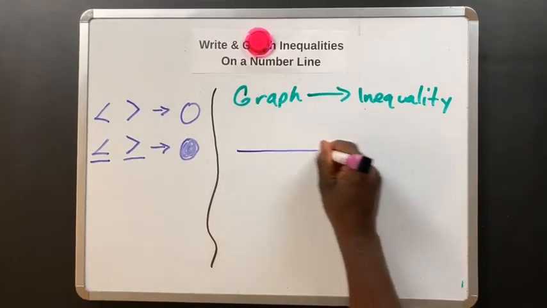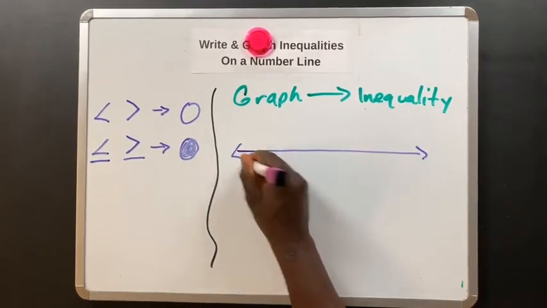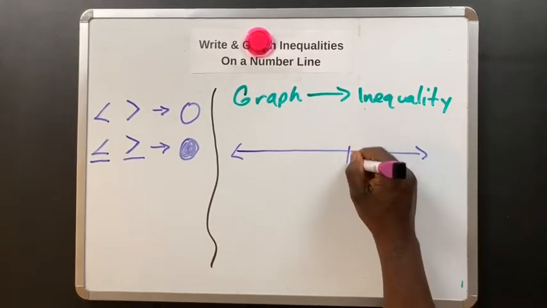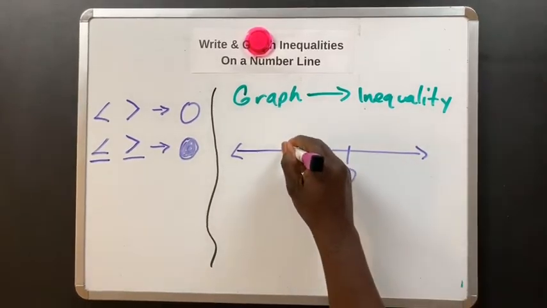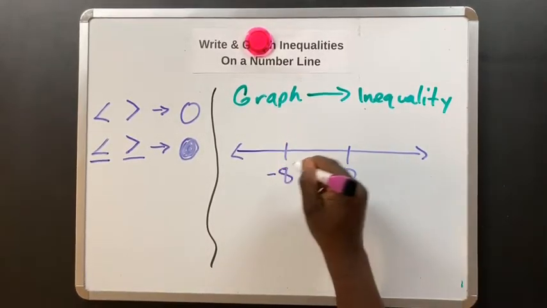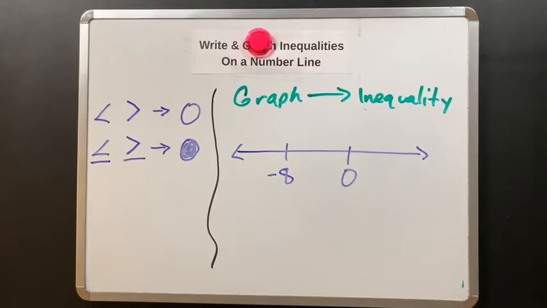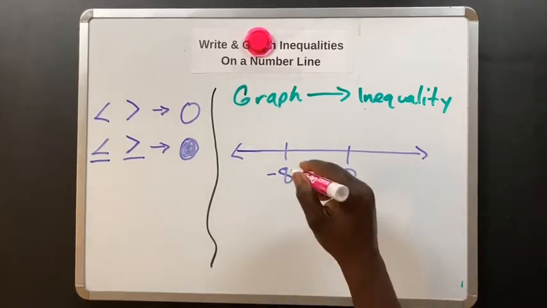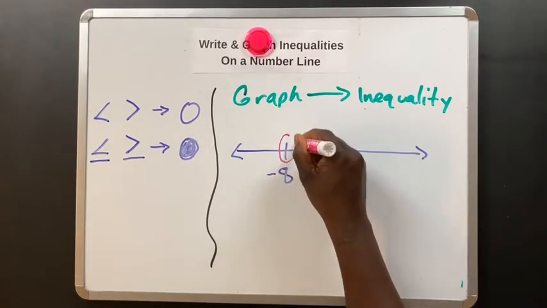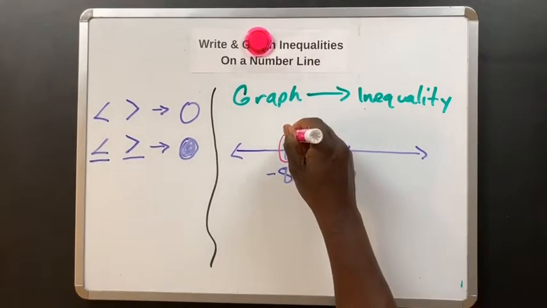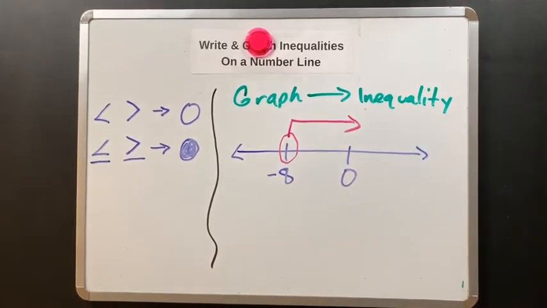Number line. Identify 0, -8. And I will make this an open circle and have it go in that direction. Okay, let's think about it.